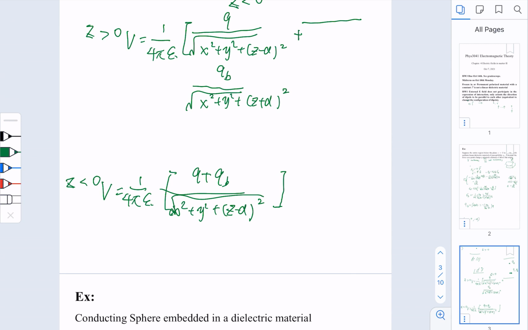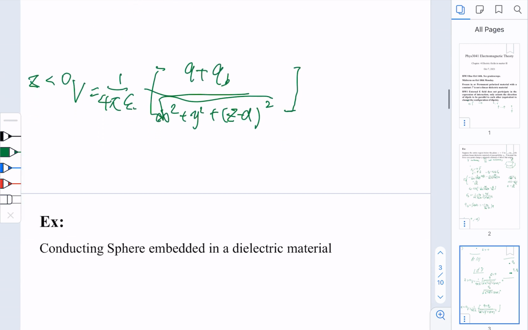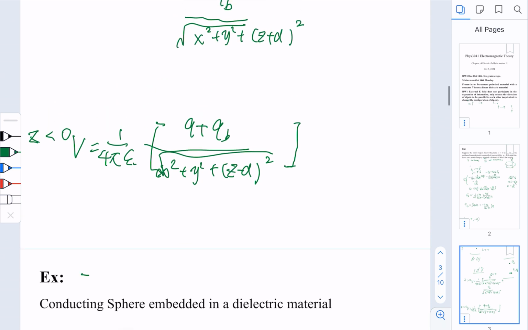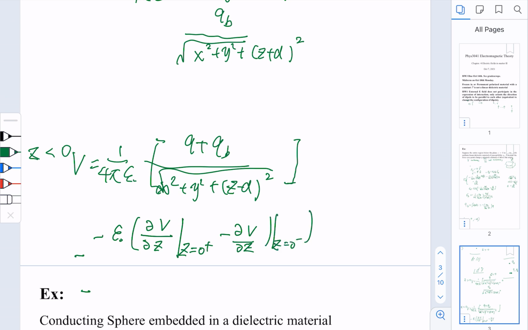So if you check the boundary condition, and this had to be sigma b.